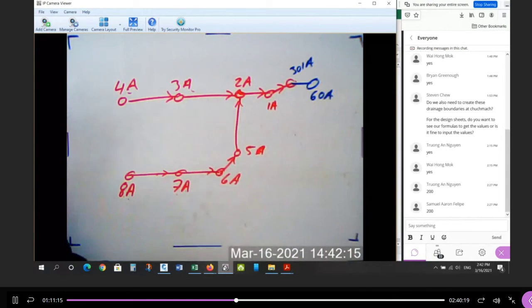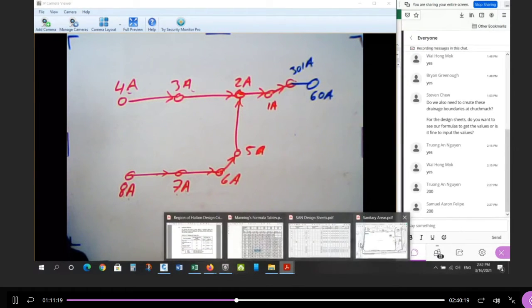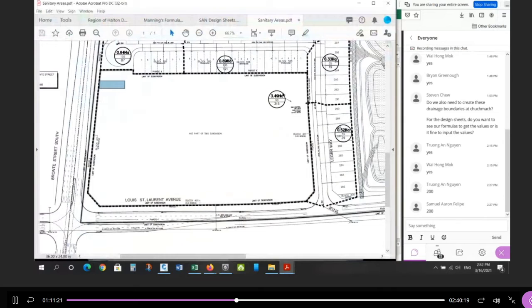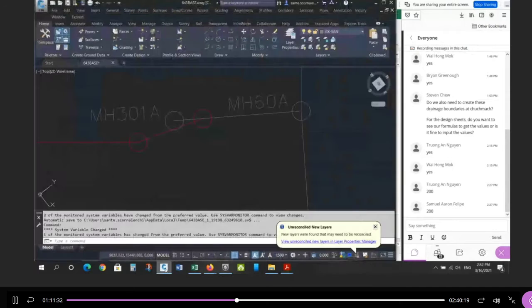Okay? And if you want to check that, you can actually go to the drawing. Remember the drawing here? It says 3.49 hectares at 90 people is 315. So that's the total population that this pipe was designed for.